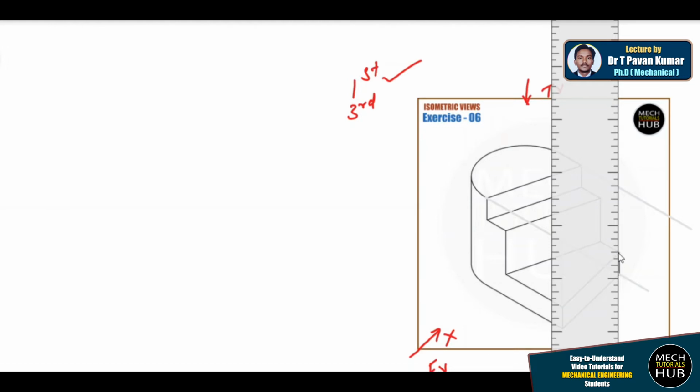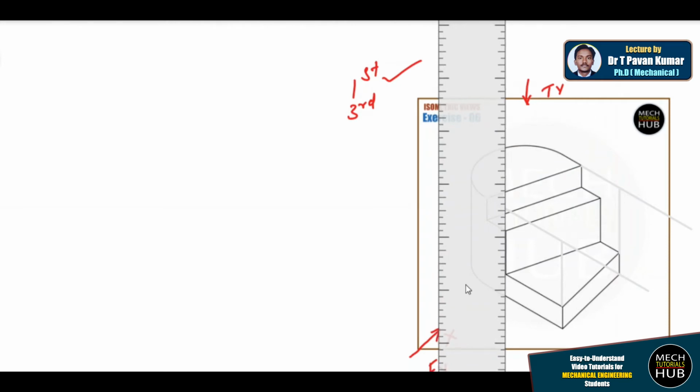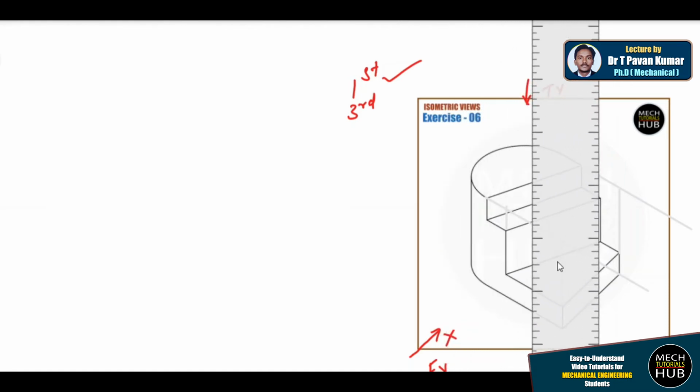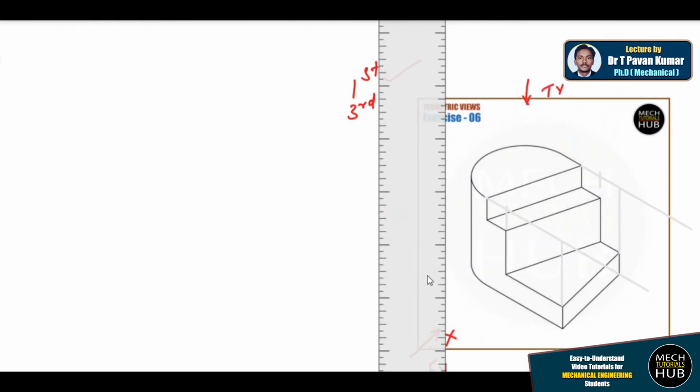I'll extend till the horizontal, this is fine, and here is one more. If you want, you can take the complete extension or just cross this line or mark a point over there like this. Just mark a point, that is also fine, because these intersections will help you actually draw your sketch.